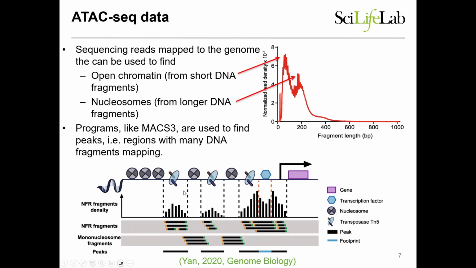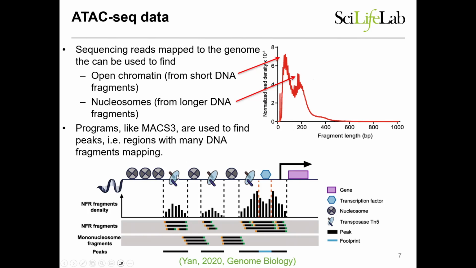So what this little cartoon shows is that these balls here are nucleosomes, so this is DNA wrapped around these histones. These things here, I hope you can see my pointer, are the insertion events, and then you get different reads from this.